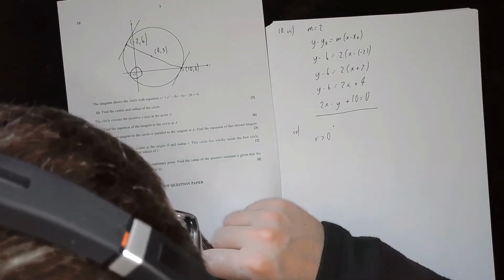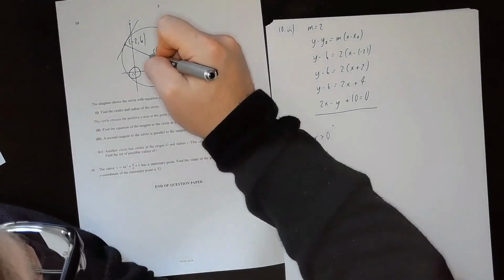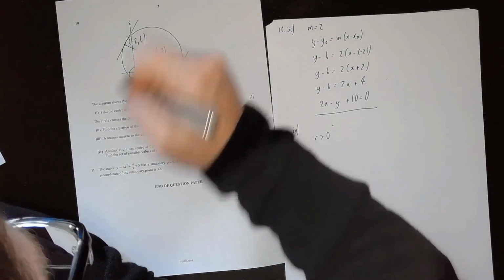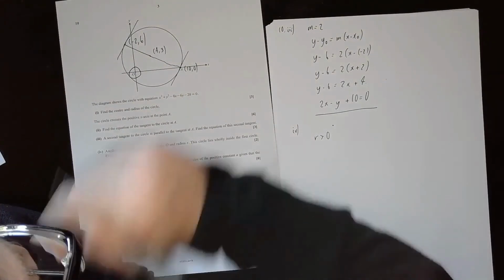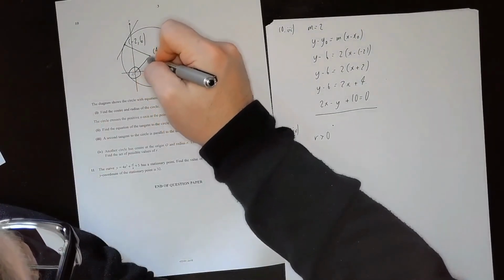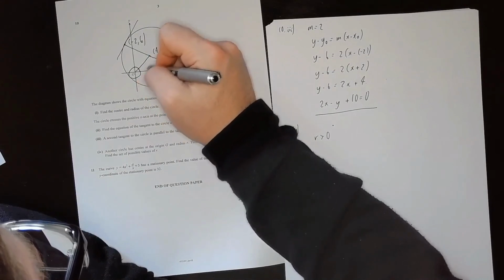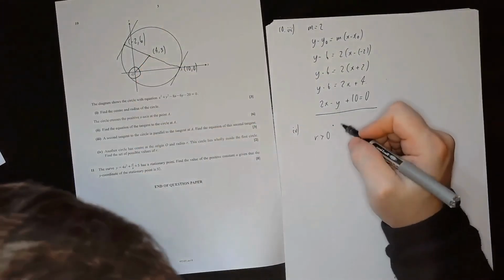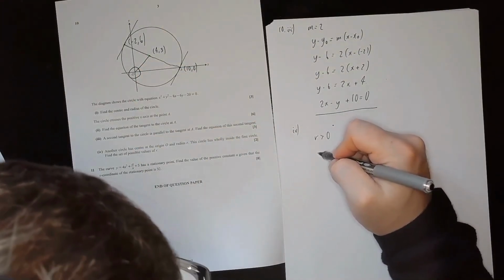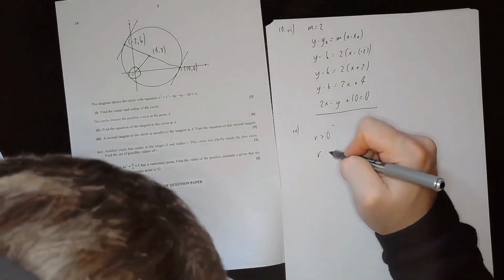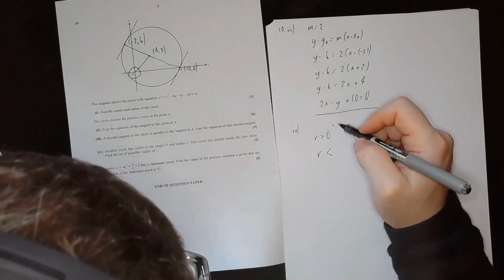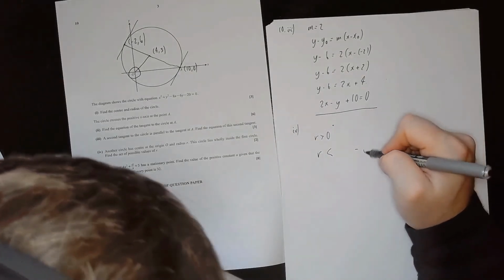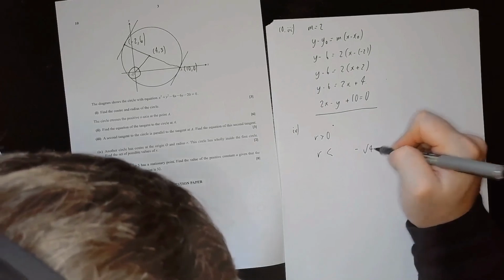Aha, yes, so the radius, subtract that, will be the maximum of the radius of the smaller circle. So r will have to be less than minus square root 45.